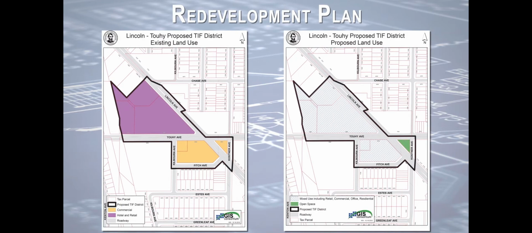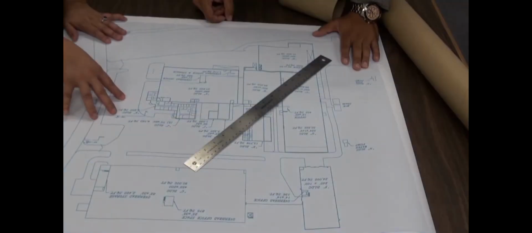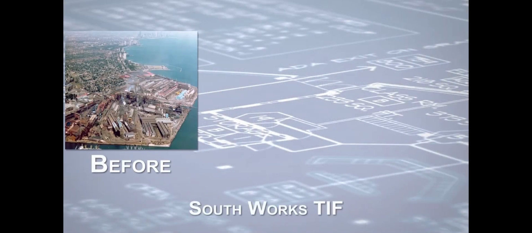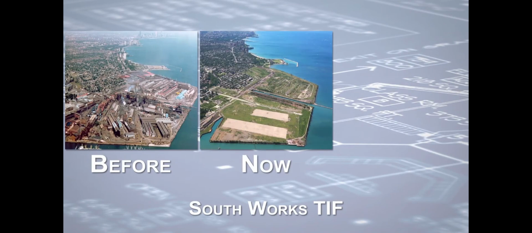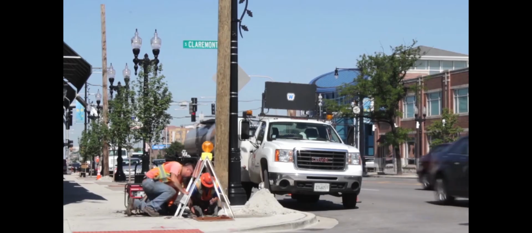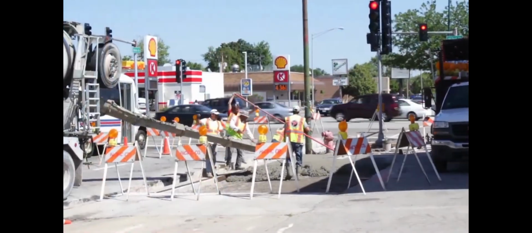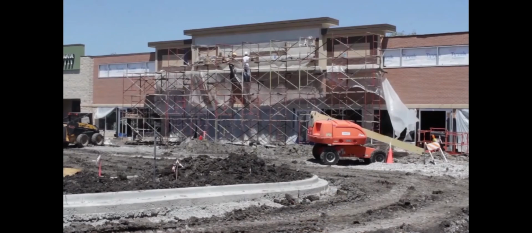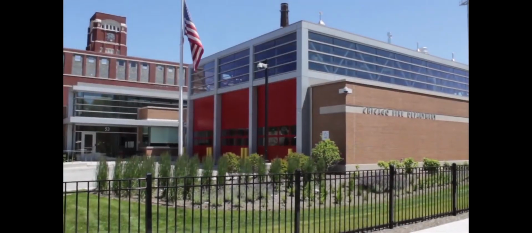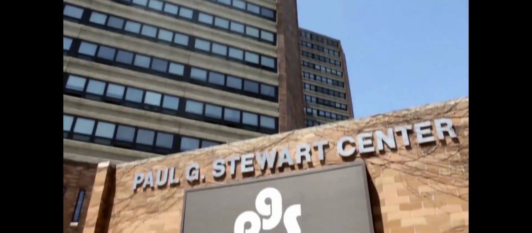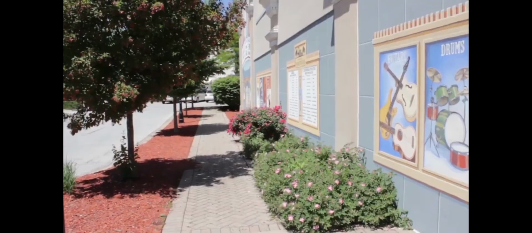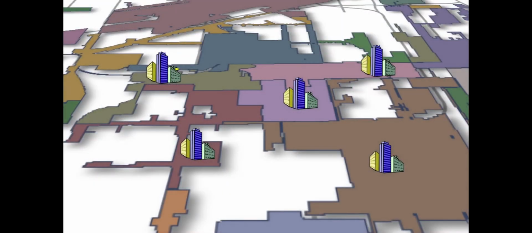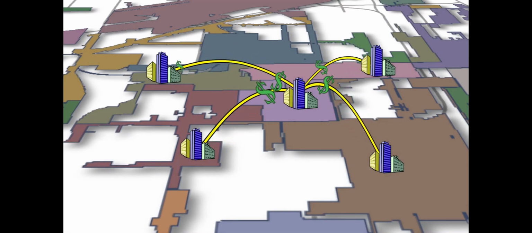Some of the ways TIF dollars are typically spent include planning expenses, surveys, engineering, and consulting fees, acquiring land, environmental cleanup, and building demolition, infrastructure improvements like sewers and sidewalks, job training for businesses within the TIF district, constructing new buildings like libraries and office parks, renovating existing buildings, streetscape improvements such as light posts and landscaping, and porting, a term used to describe transferring money to an adjoining TIF to help fund another project.